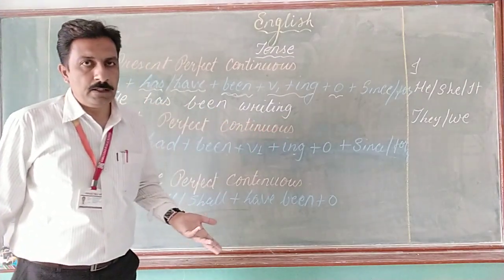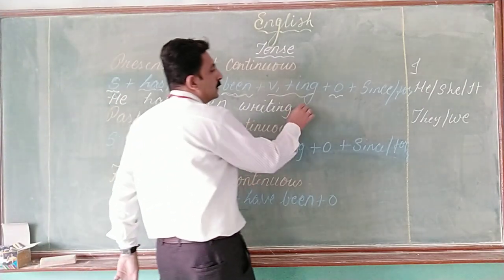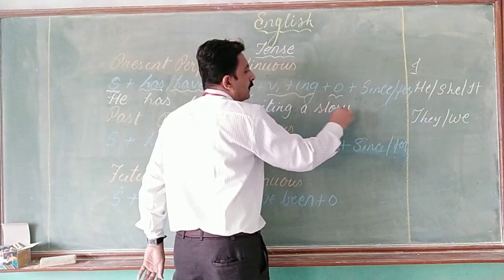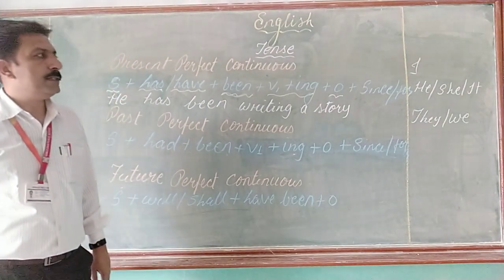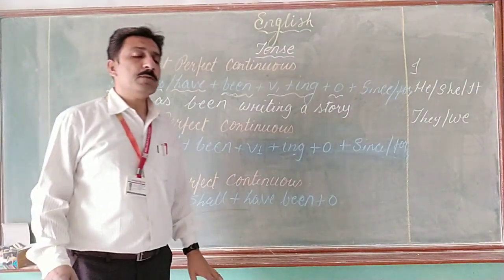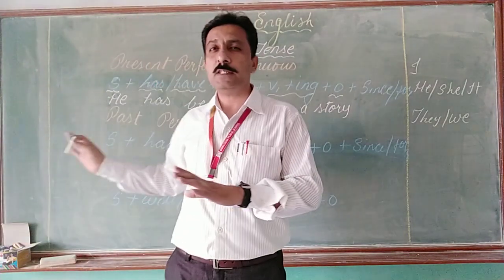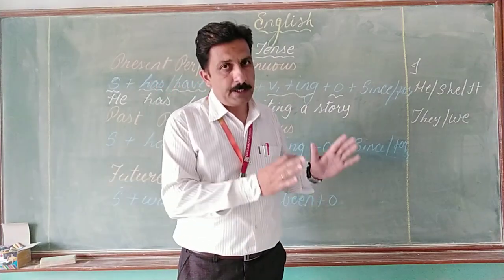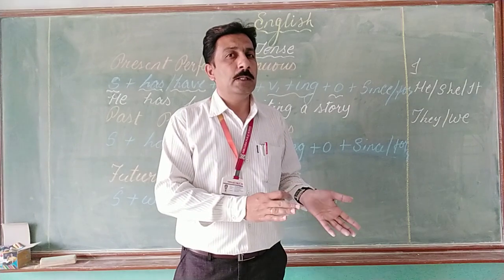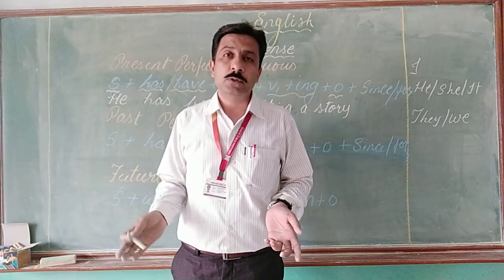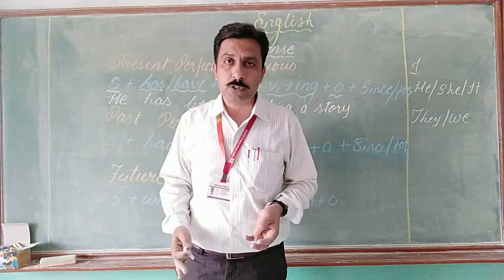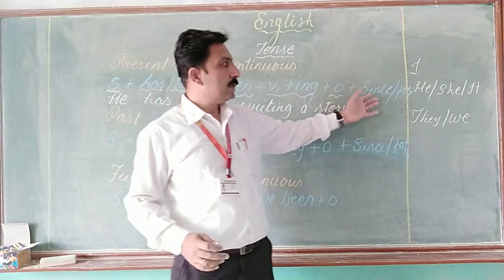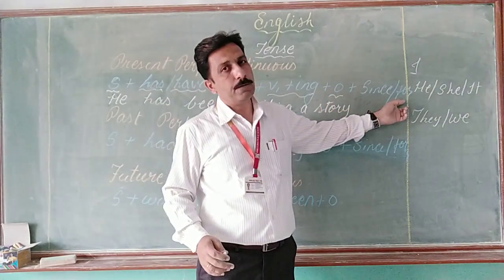Now what is he writing? Object, a story. He has been writing a story. Now he has been writing a story means he has already started writing a story, and now also the story writing is going on. But when did he start? How long ago did he start? To mention that time, we use either since or for.